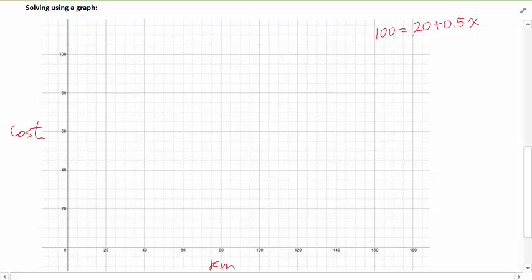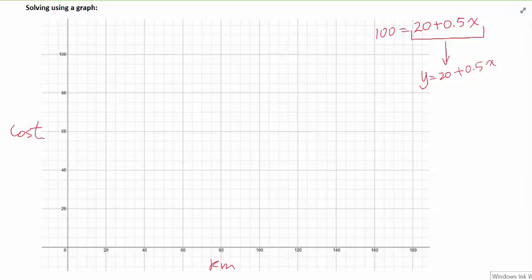But remember, I did write the relation. What was the relation for this? Y is equal to 20 plus 0.5x. So that's the relation that I need to graph.